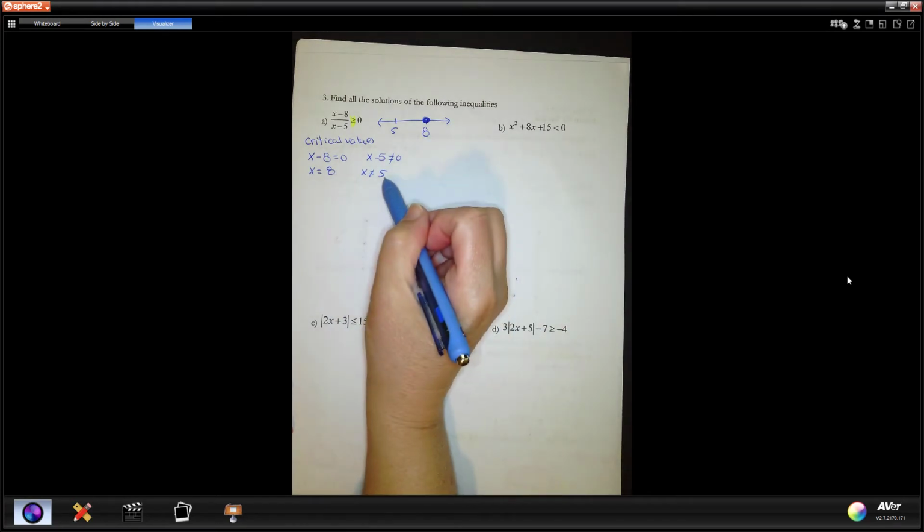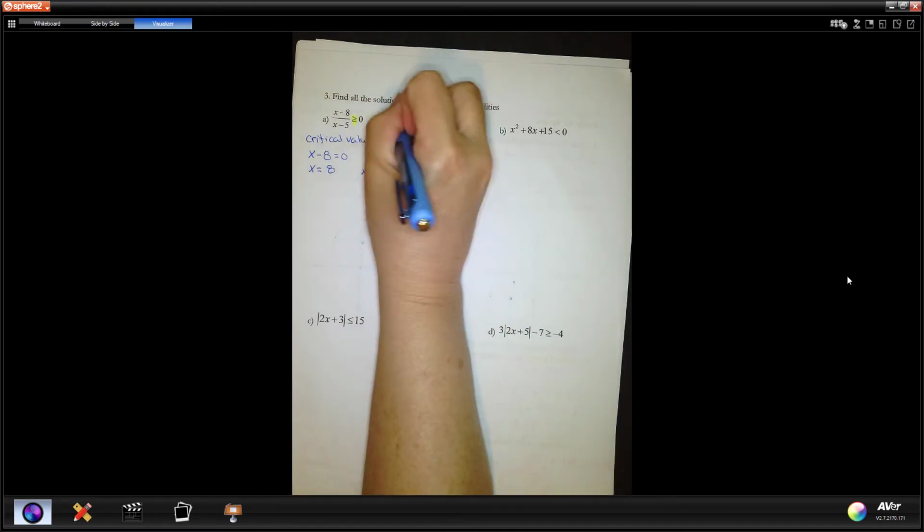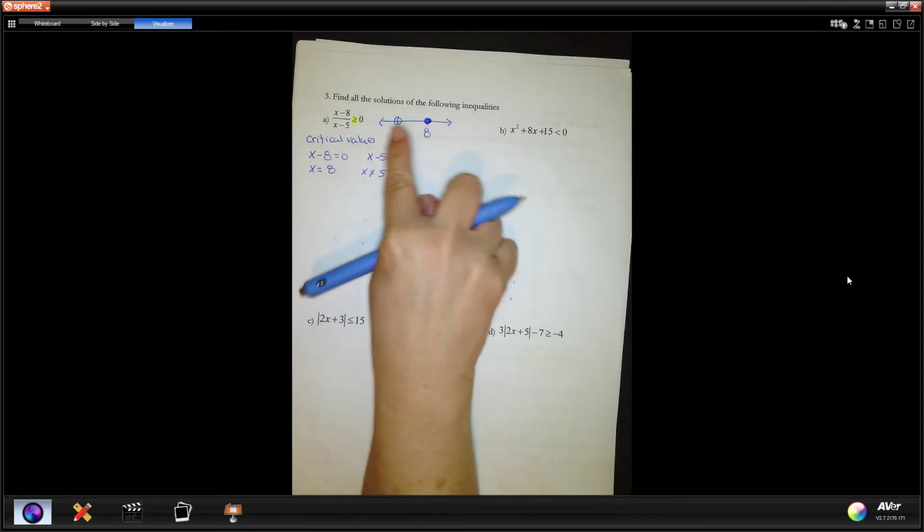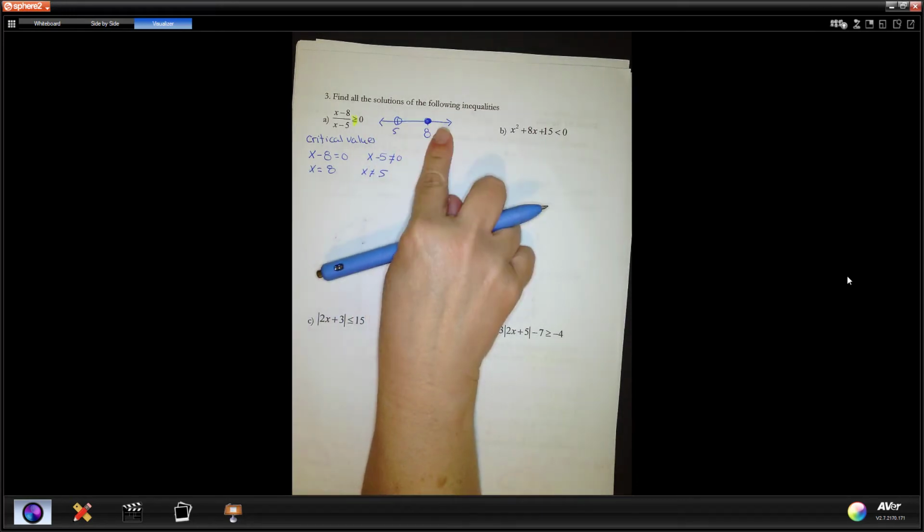Very important, however, with this 5, it is not included. So it has an open circle. And now notice our number line is divided into 1, 2, 3 different parts.